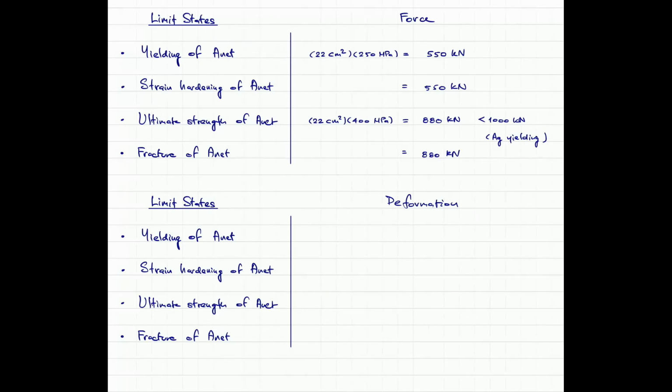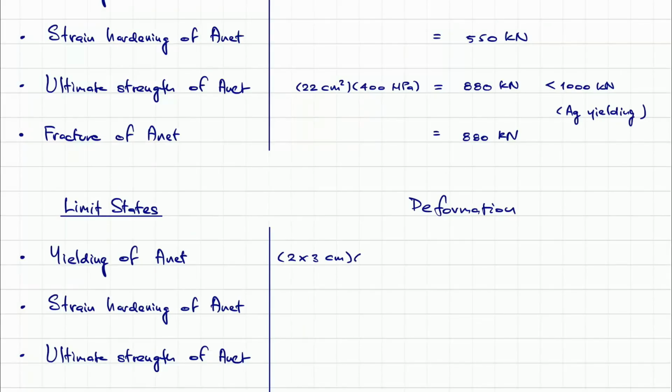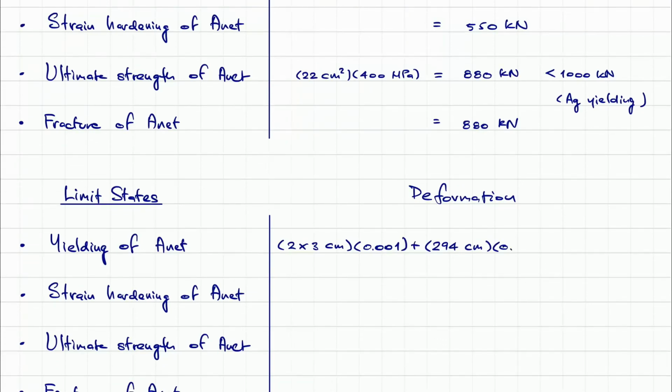Yielding deformation, we have 2 multiplied by 30 millimeters, so 3 centimeters, multiplied by 0.001 plus 294 centimeters multiplied by 0.001 multiplied by 22 divided by 40, which is 6 times 0.001 plus 294 times 0.001 times 22 divided by 40, 0.17.